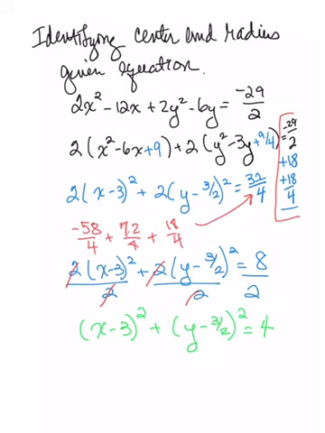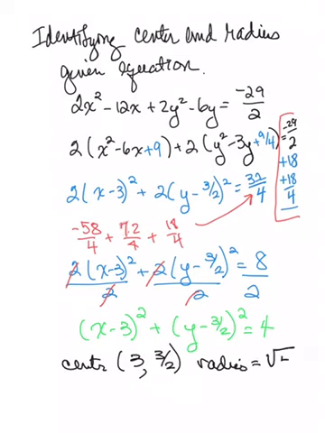Since the x term is minus 3, that would be a positive 3. Since the y term is negative 3 halves, that would be a positive 3 halves. So that would be the center. The radius is equal to the square root of 4, so the radius equals 2.